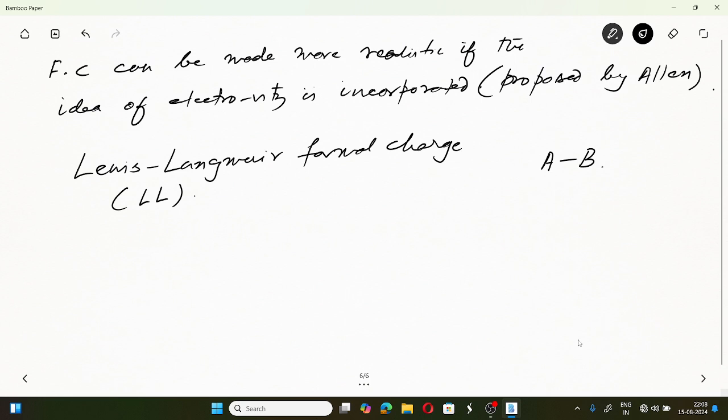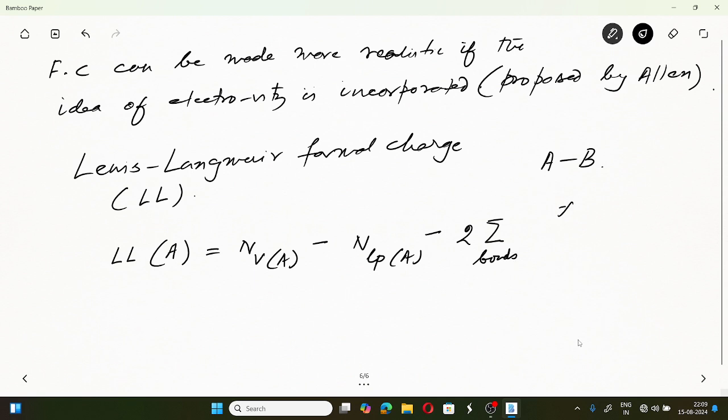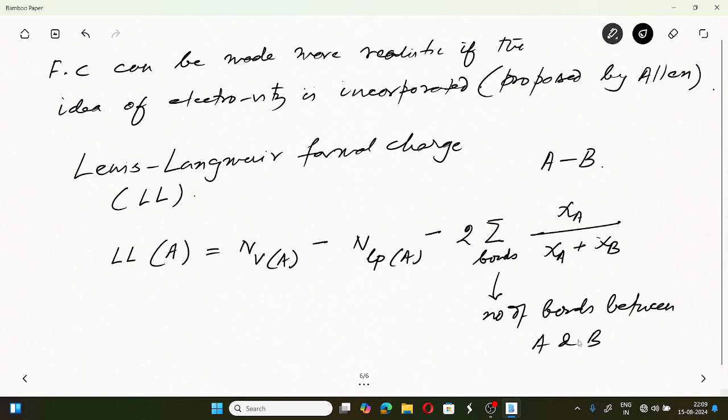Then the Lewis-Langmuir formal charge over A is given by the number of valence electrons of A, minus the number of lone pair electrons over A, minus 2 into the summation of bonds, chi A, the electronegativity of A, divided by chi A plus chi B. This is the number of bonds between A and B.